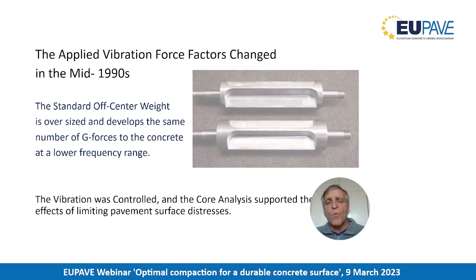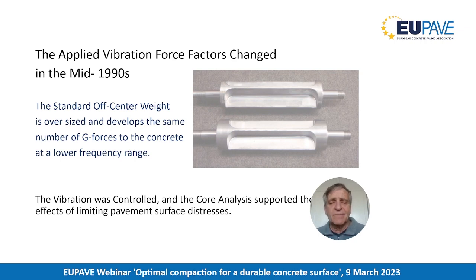As far as what off-center weights, or at what frequency, you're putting an X amount of G forces into the concrete, we settled in on the right balance between off-center weights and frequencies.